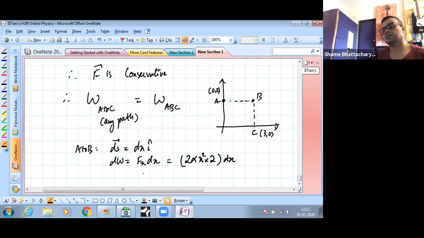Dx. This would have been the work done going from A to B. So work done from A to B would have been 4 alpha x squared dx integrated from 0 to 3.